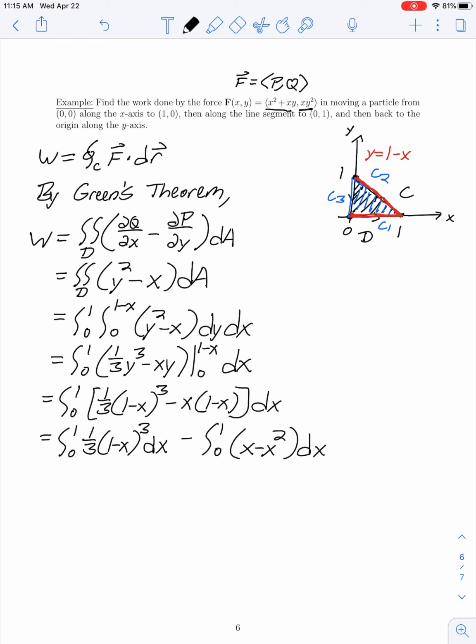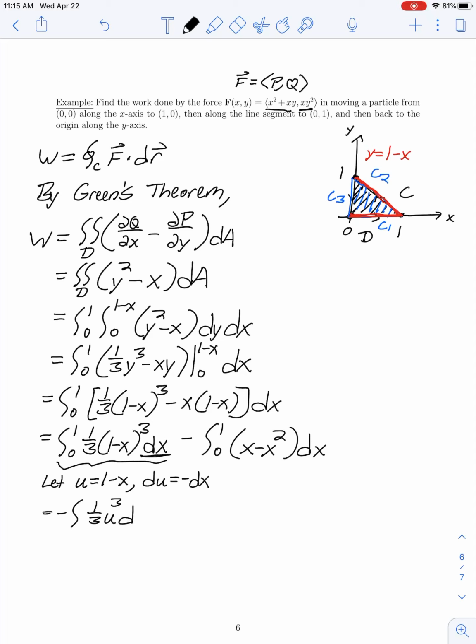So let's see what we have here. To evaluate this first antiderivative, I could make use of a substitution. So if I let u be 1 minus x, then du is equal to negative dx. So let's look at what we have. We would have a 1/3 u cubed, and then dx is negative du.